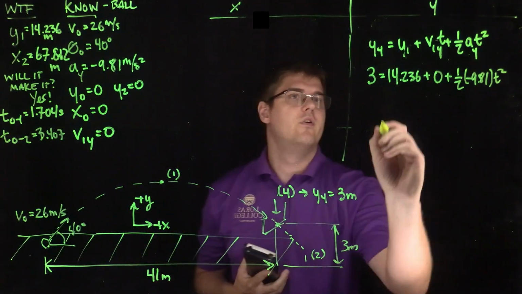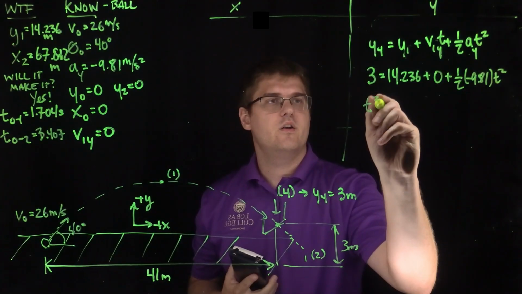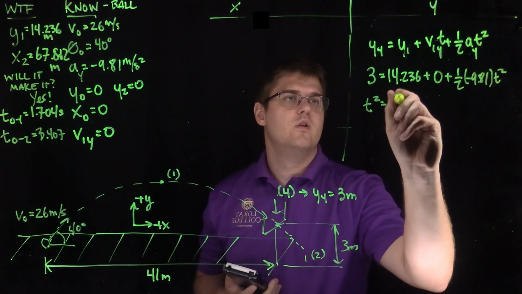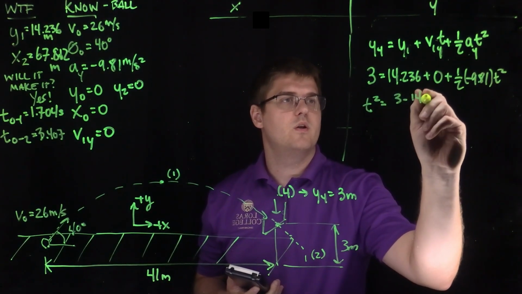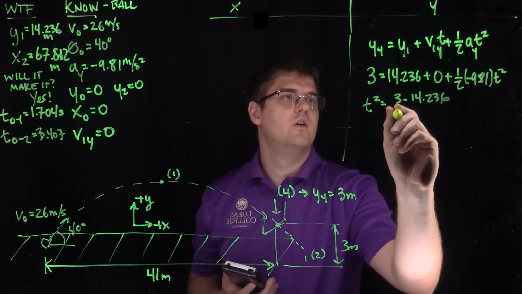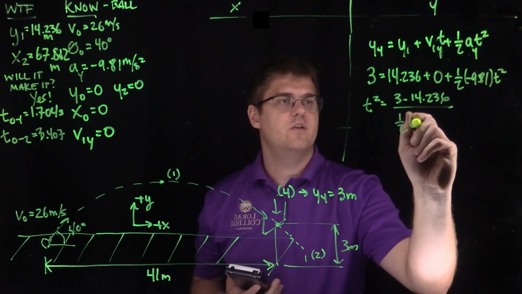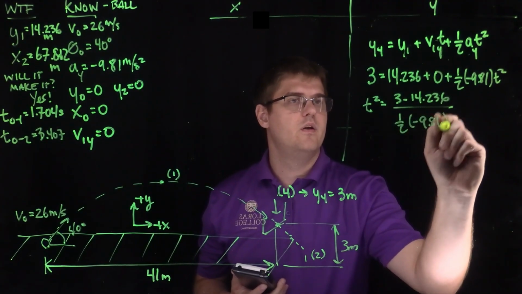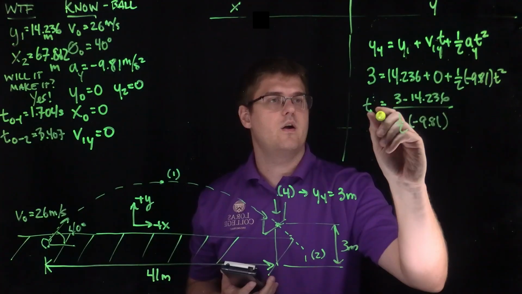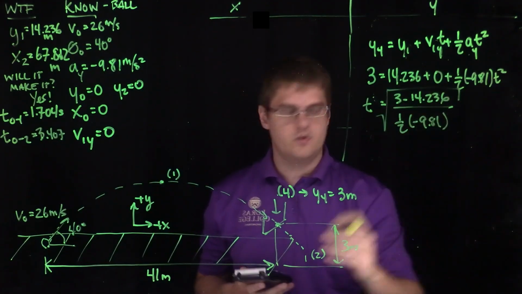So t squared is going to be equal to 3 minus 14.236 divided by 1/2 times negative 9.81. And to get rid of this square, I have to take a square root.